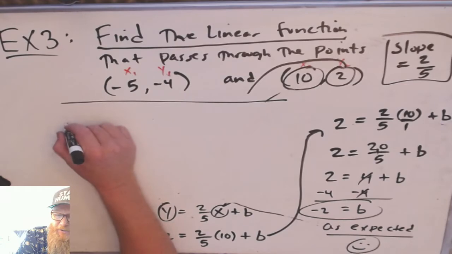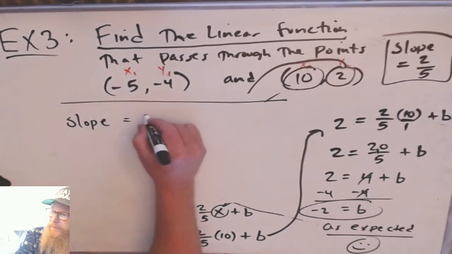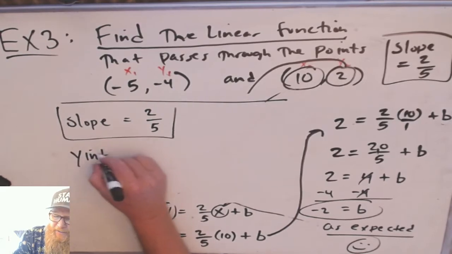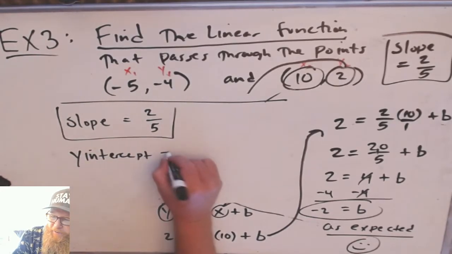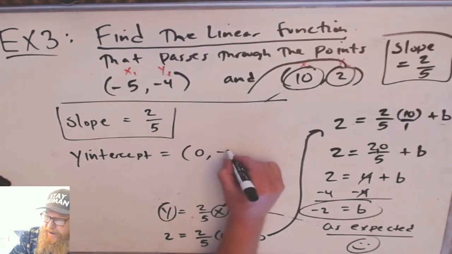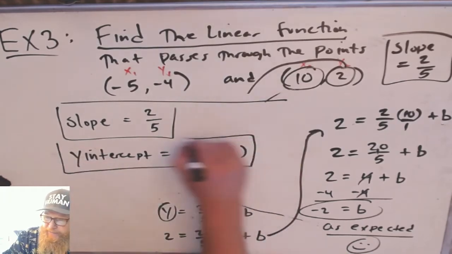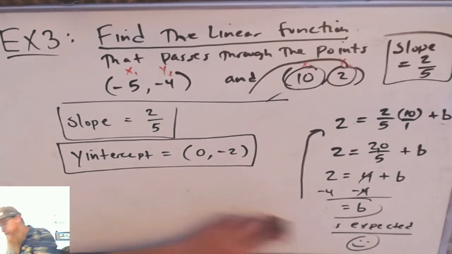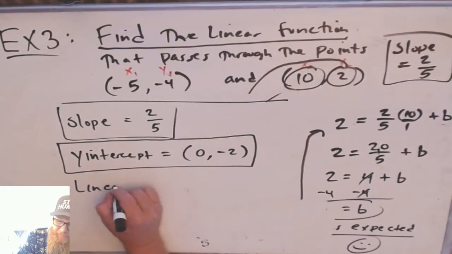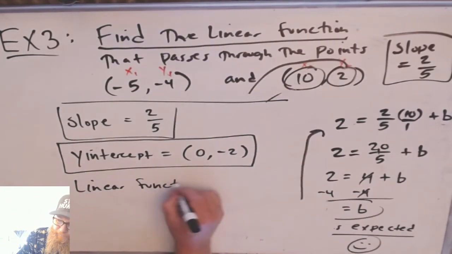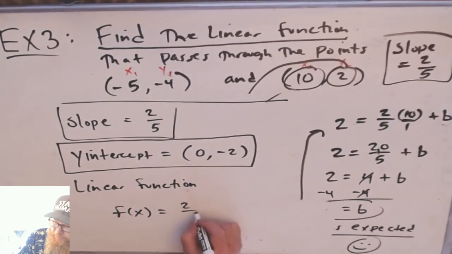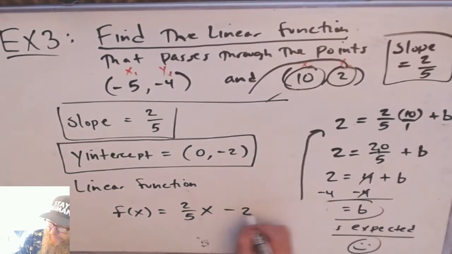All right, so here we go. Here are your answers. Your slope, 2/5. Your y-intercept, be careful. You want to write it as a pair. 0, negative 2. And the linear function, f of x equals 2/5 x minus 2.